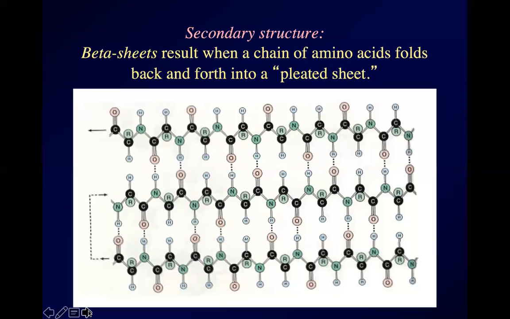So secondary structure affects a portion of a chain of amino acids, and portions of a chain might kink up into alpha helices, or they might zigzag up into beta sheets. Or in some cases, they don't form any obvious regular structure like this, but alpha helices and beta sheets are examples of secondary structure.